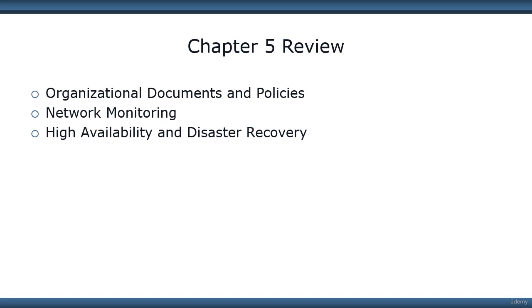In this chapter, we looked at network operations. We started by talking about organizational documents and policies that help companies have a unified approach and utilize standards in order to ensure efficient network communication. We talked about proactive versus reactive network monitoring and various monitoring tools at our disposal, and how those allow us to make sure that we are achieving a certain standard in network communications and consistently doing so.